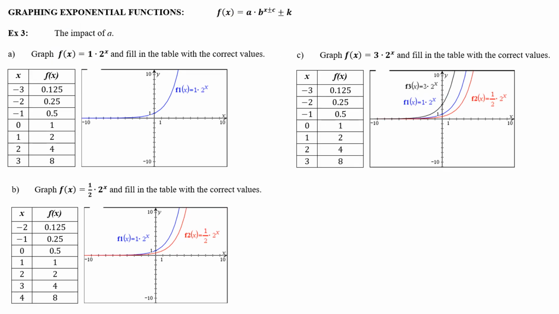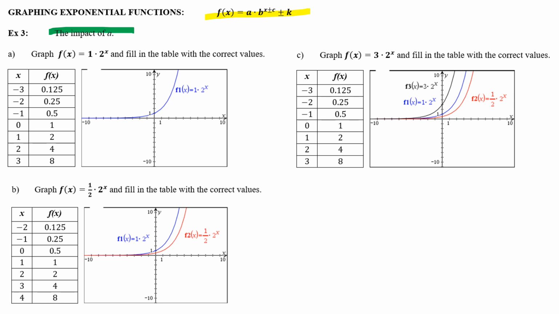Alright, so example 3, again, we're still looking at the same equation, f of x equals a times b raised to x plus or minus c, and then plus or minus k. But now we're looking at what is the impact of a. The first one, we have graph f of x equals 1 times 2 raised to the x. That's actually the graph that we've been looking at from the beginning for all the examples.